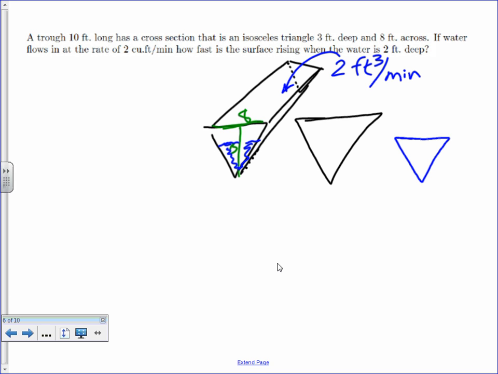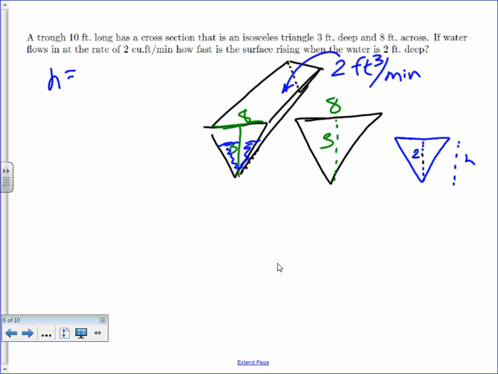I'm going to split them right here so we can put some measurements in them. This top here is 8. This is 3, and over here the depth of the water is 2. Let's call the depth of the water H, the height of the water. Let's add some variables over here.